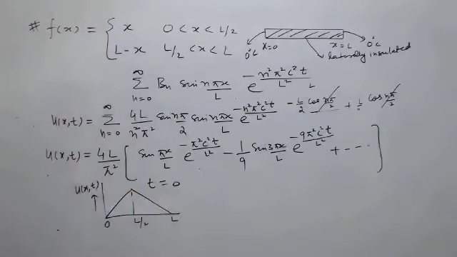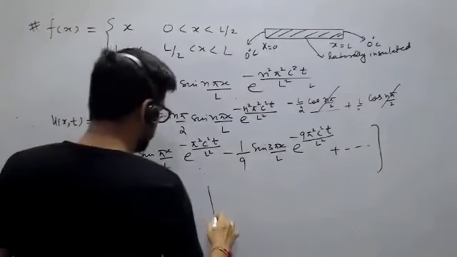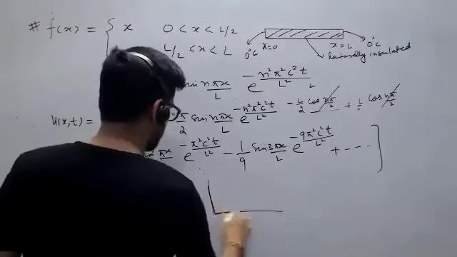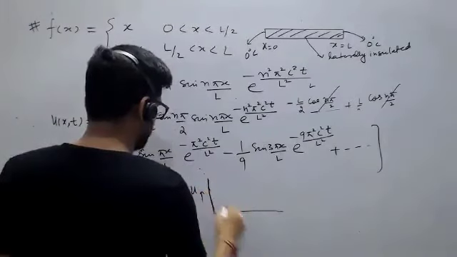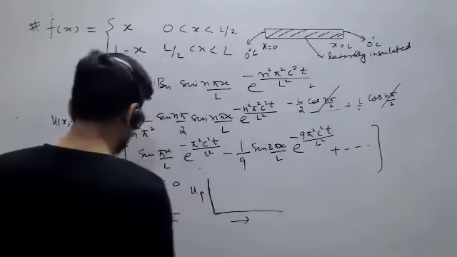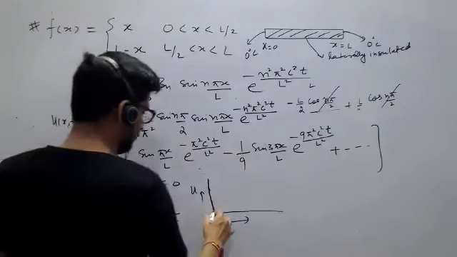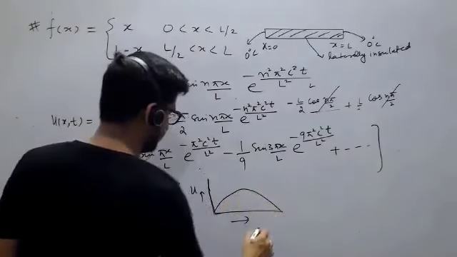It is looking like this. Now when this will proceed, it will become u and x. It will become a little bit like this.